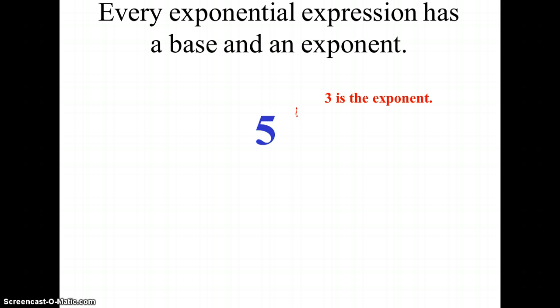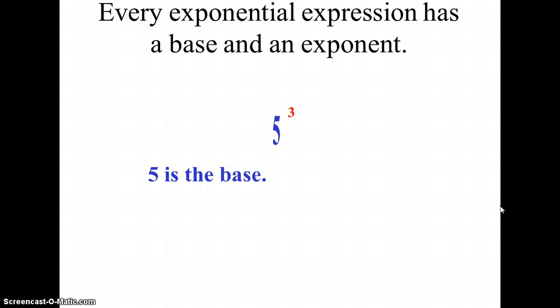Let's look at exponents a little more closely. Every exponential expression has a base and an exponent. The small number that is written in the top right-hand corner is the exponent, and in this case, 3 is the exponent. 5 is the base, and the base is the number that we multiply over and over, or repeatedly multiply.